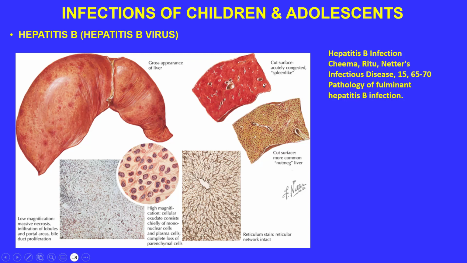And so you have this, you do a cut of that liver. It's congested with blood. It has a spleen-like appearance. Here, the cut surface of a more nutmeg liver. I think it's just basically because of the color and because the fact is that you don't have any cellular arrangements that you would normally expect.